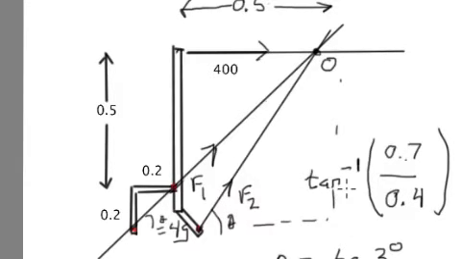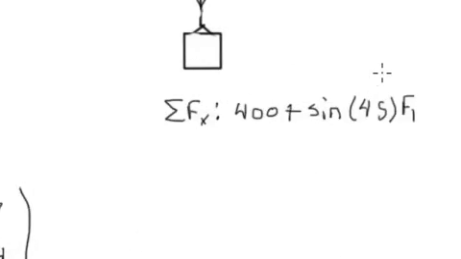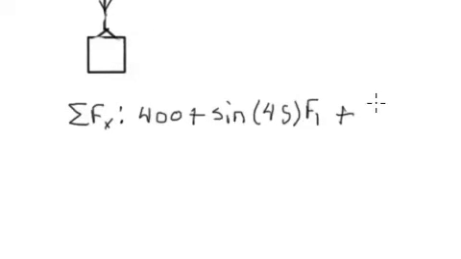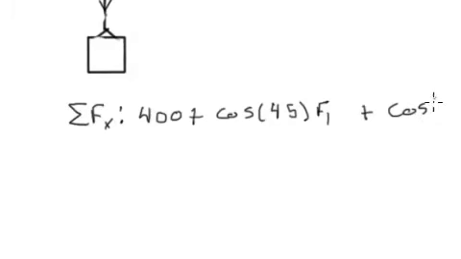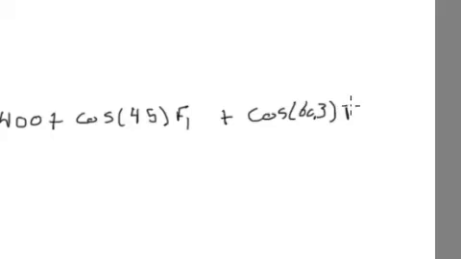F2 has an angle of 60.3 degrees. Plus, and my apologies, this should be cosine of 45 because it's directed in the x direction. Cosine of 45 times F1 plus cosine of 60.3 times F2. Since it's a statics problem, it equals 0.